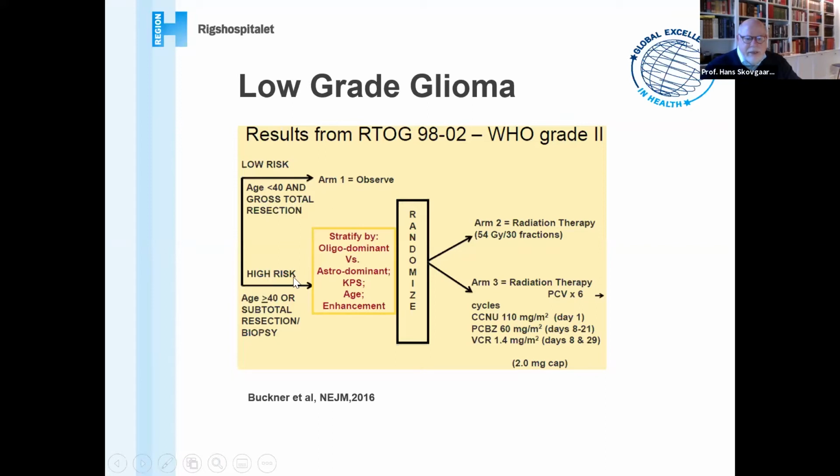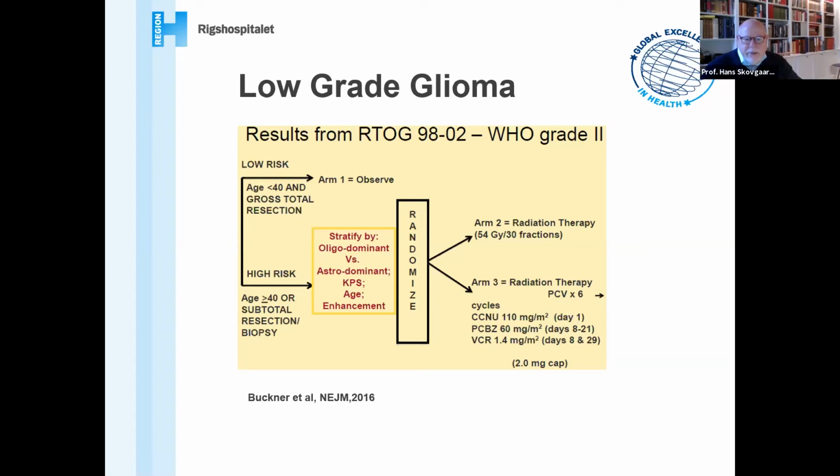And then the high-risk group, subtotal resection, age over 40, they stratified by oligodominant and astrodominant. They would not do that today, because it's very clear which is oligodendroglioma, which is not an oligodendroglioma.